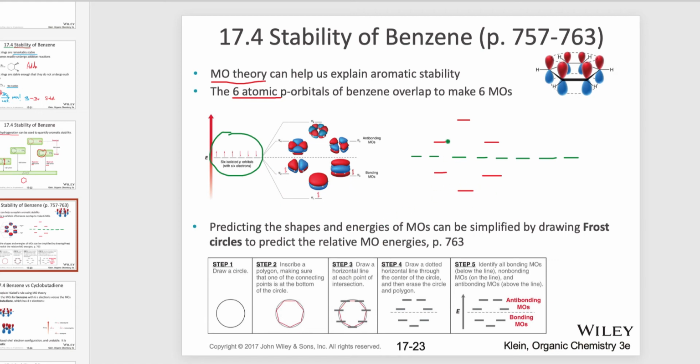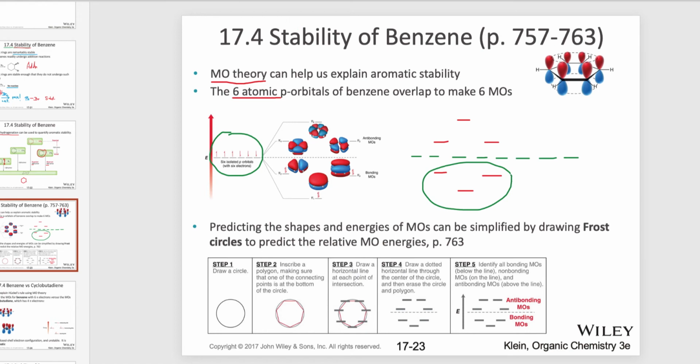And as you go up in energy, the number of nodes increases. You see that there's a degenerate level here, a degenerate level here, and then the highest level here. We are able to fill all 6 electrons all in the bonding molecular orbital energy category. And all of these are the anti-bonding ones. So those would be your star levels.